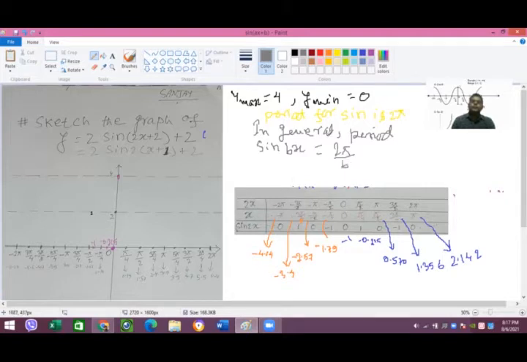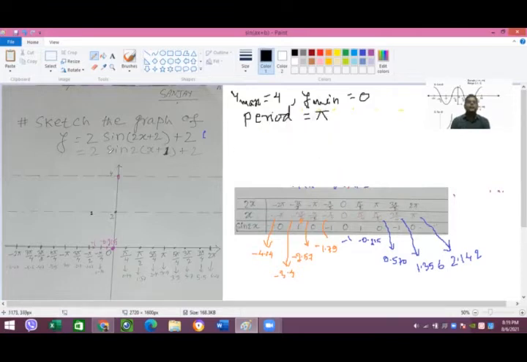So keeping this in mind, in place of b you can see that here there is 2. So you can write here 2 pi by 2, and 2 and 2 got cancelled out. So the period of this graph should be pi. That means the graph repeats the same shape after every pi unit along the x-axis.